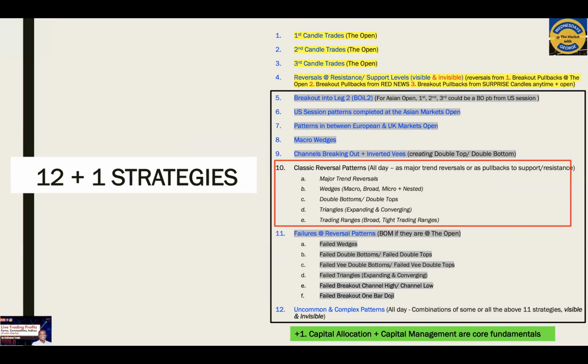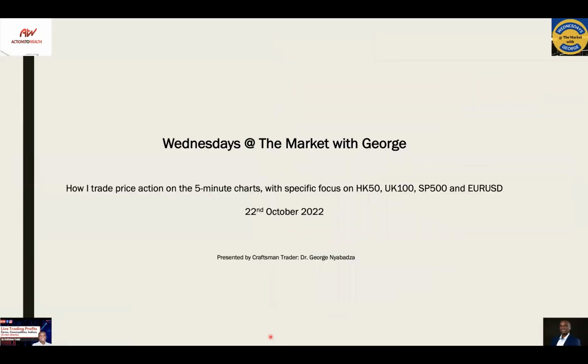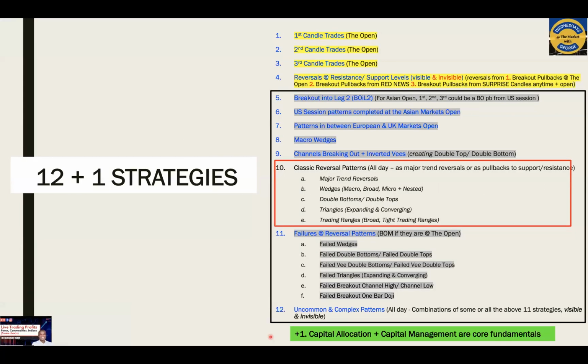Now, I have 12 strategies that I trade, and I like to say 12 plus 1, because there is a distinct strategy on capital allocation and capital management. I call it plus 1 because it really transcends all the strategies.